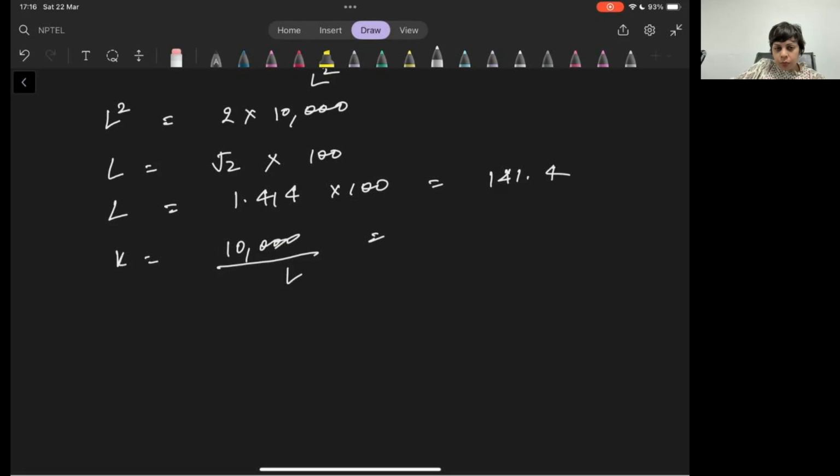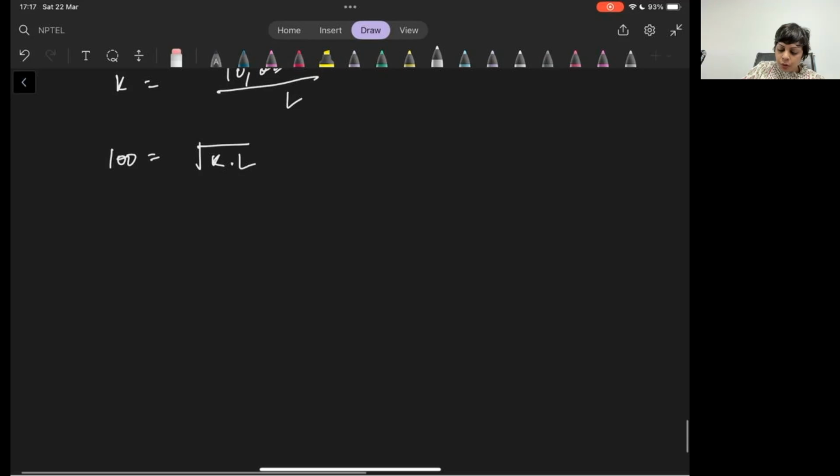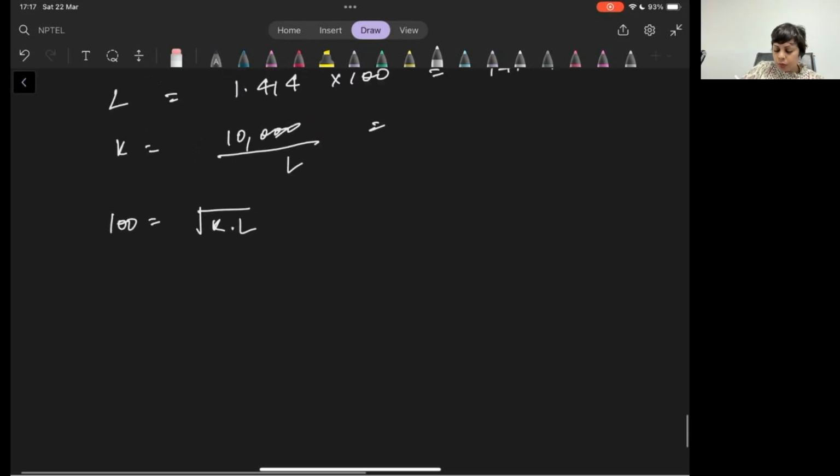Or, if you want, you can also do it this way: 100 is equal to root K into L. It's the same expression. We got this expression from there only. Just compute the value of K. Can somebody do that calculation? Let me open the calculator.